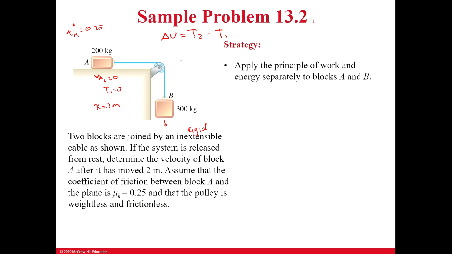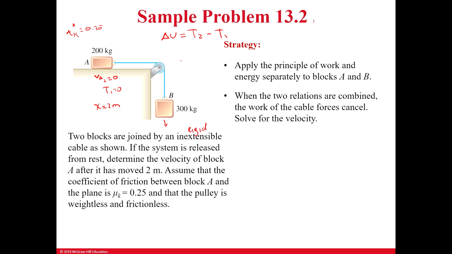The first thing we need to know is that we're going to use the principle of work. Define your states. The first state is when velocity equals 0. The second state is when we have traveled 2 meters. So the velocity, the work, all those things can be found based on the equations. The strategy is that the two relationships are combined.